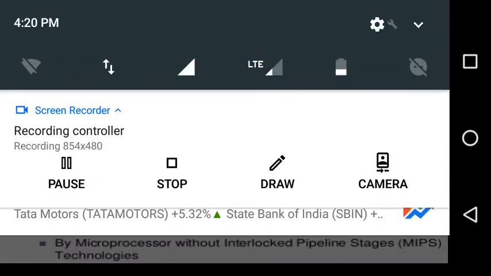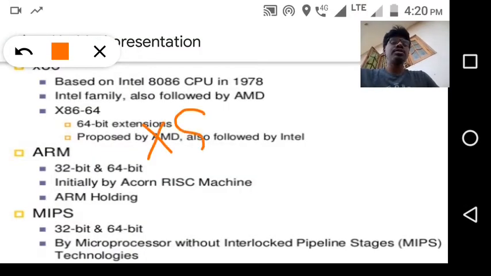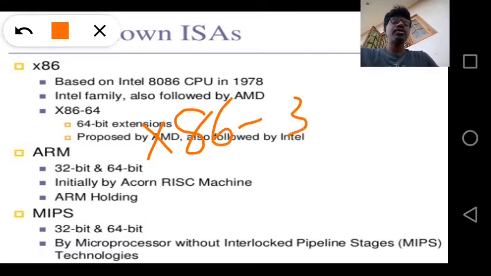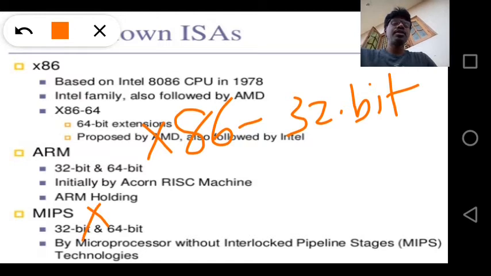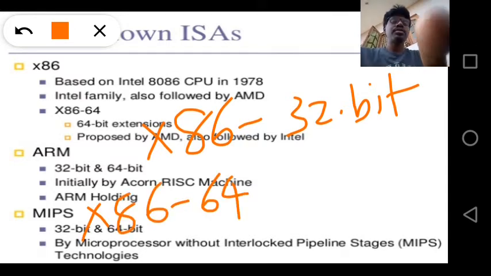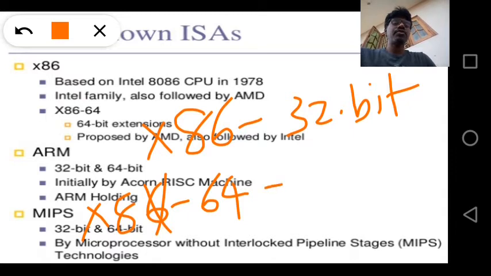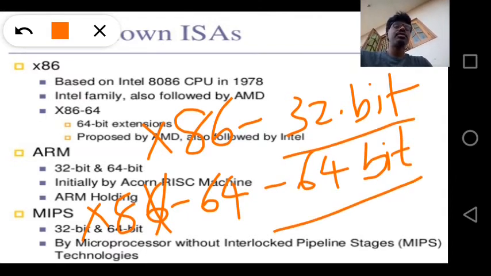So first, this x86 processor is developed for 32 bit. Later on, x86-64 is developed for 64 bit data or 64 bit operating system.